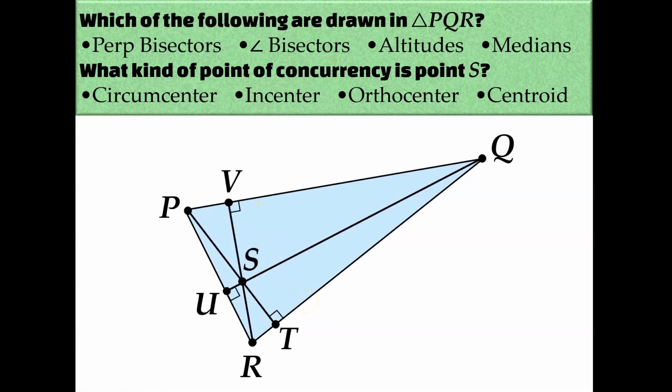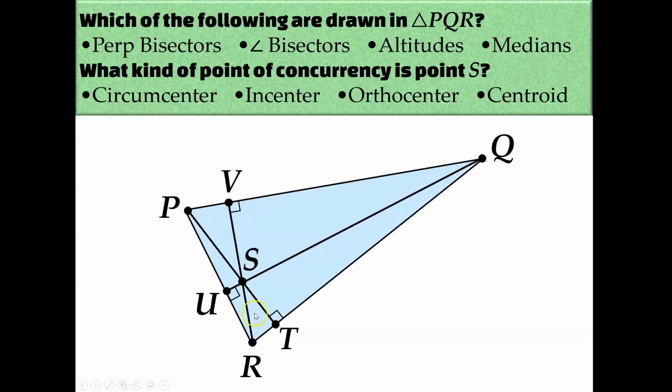Let's try another example. This time I see some segments that are perpendicular to one of the sides of the triangle. For example, side PQ and segment VR are perpendicular to each other. I notice, though, that V is not the midpoint of PQ.